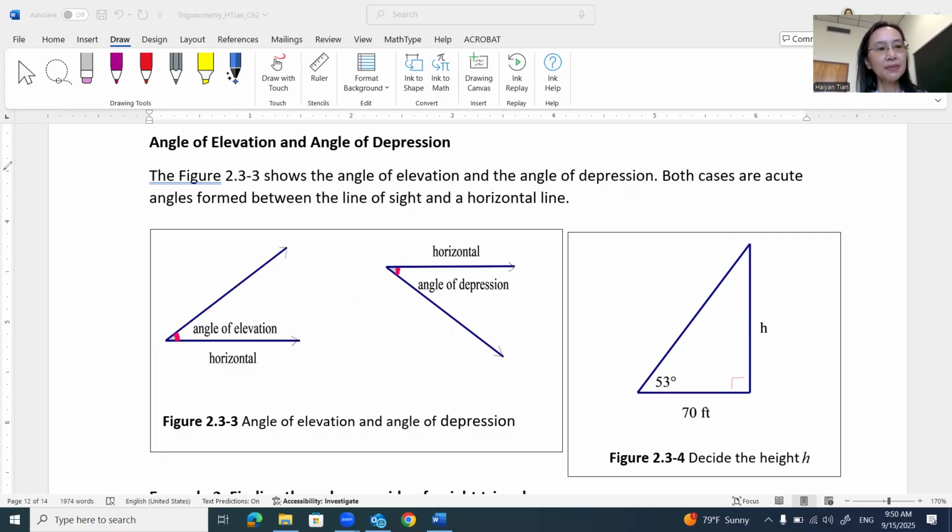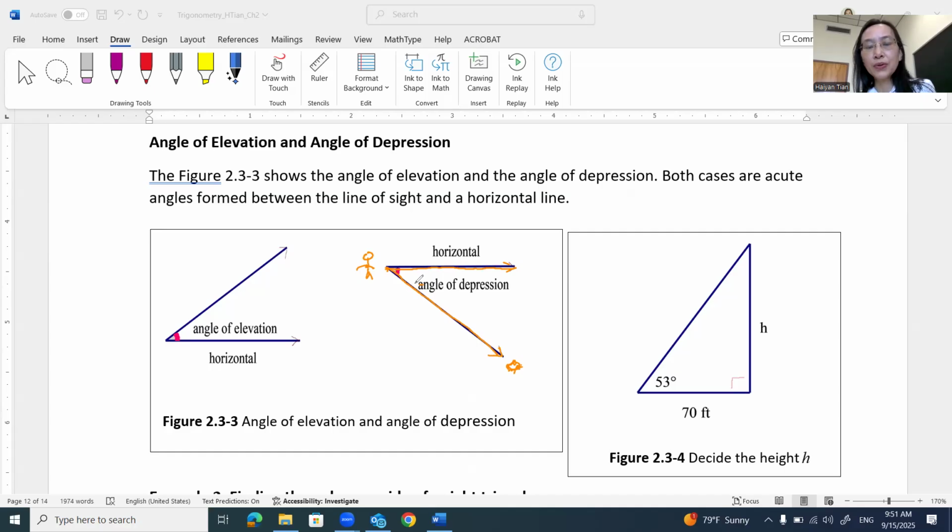So sometimes you stand high, right, at a location, and then you look at an object, whatever that is, and you see there is this line of sight here, and the horizontal line, and you notice an acute angle formed by the line of sight and the horizontal line.